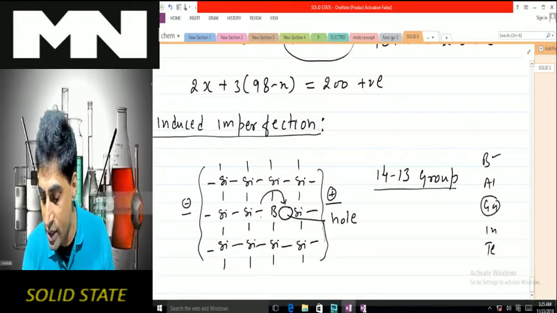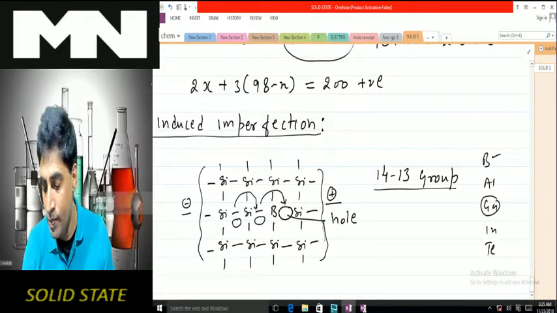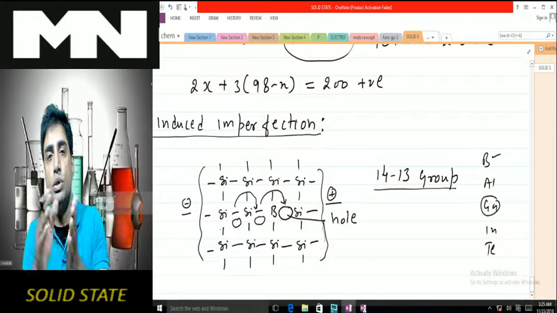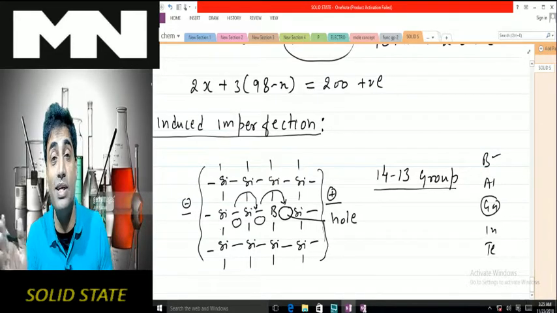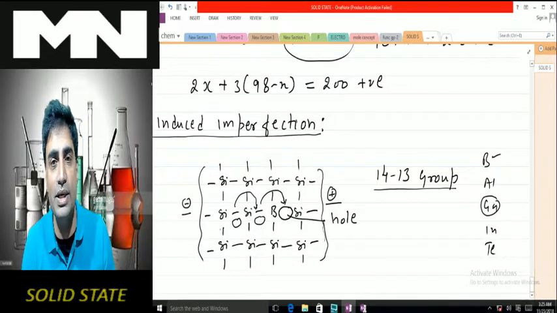So the hole will come here. Then electrons will jump here. Then the hole will come here. So likewise the electrons will start moving from negative to positive, and the hole will start traveling in the opposite direction. As a result of that, the electrical conduction will increase.